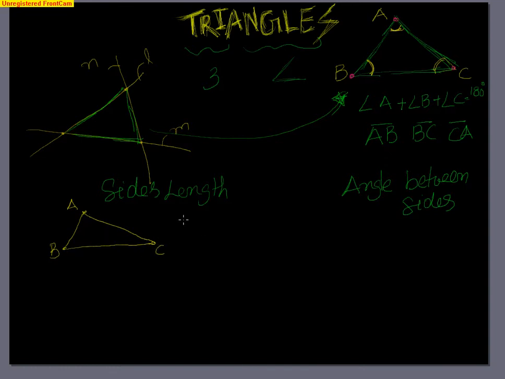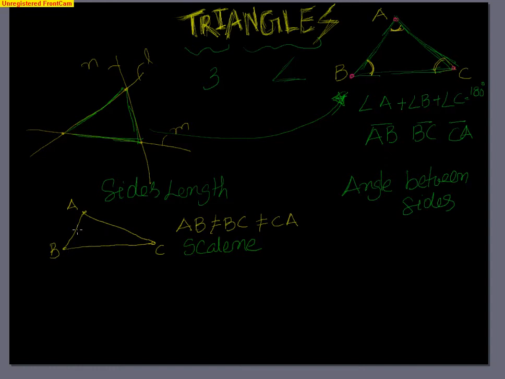They are not equal to each other. AB is not equal to BC, not equal to CA. Then this triangle is called a scalene triangle. Let me write it here. It's called a scalene triangle.